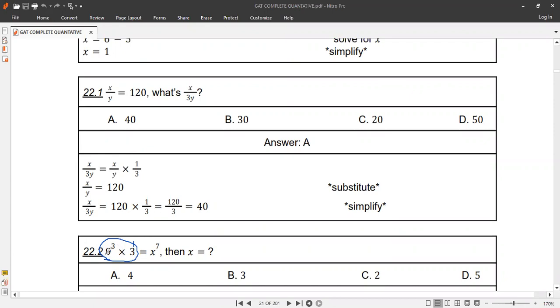So guys, 9 power 3, I can write it as 3 power 2 power 3, because 9 equals 3 power 2. I make it 3 because I can combine them. So equals 3 power 6.